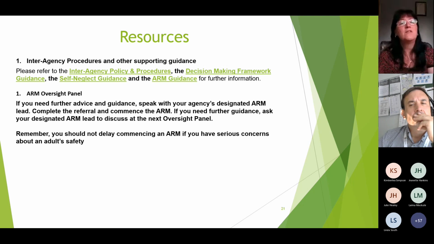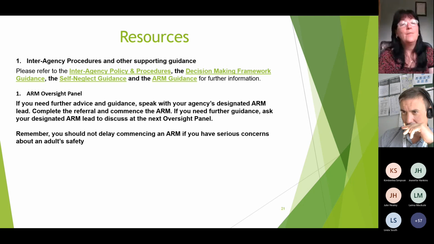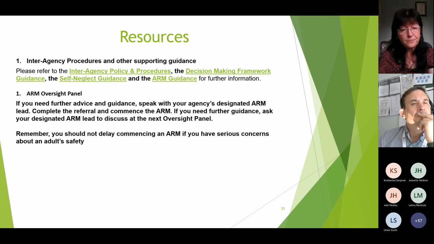So just to identify, there are resources on the Safeguarding Adults Board website. The framework is there. There is an ARM oversight panel. So if you do need to take advice from somebody about an ARM, even as a chair, you're not really sure, then please do go to the Safeguarding Adults Board website, because it will identify whom you can speak to.